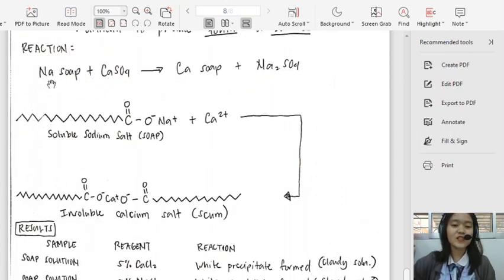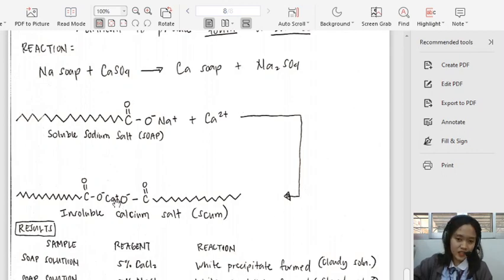Pansin niyo. So, reaction niya, you have sodium soap. Kapag in-add mo siya with calcium sulfate, napapalitan, no? So, nagiging calcium soap and sodium sulfate. So, ang original, you have soluble sodium salt or soap plus your calcium cation.